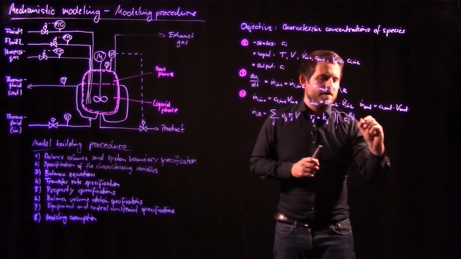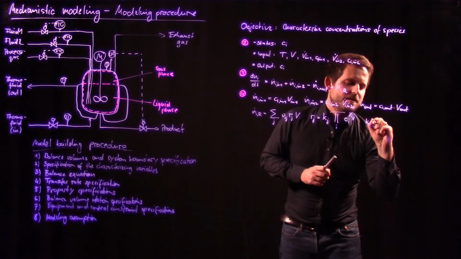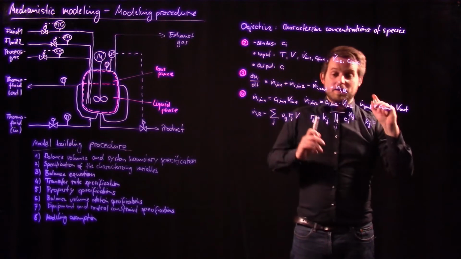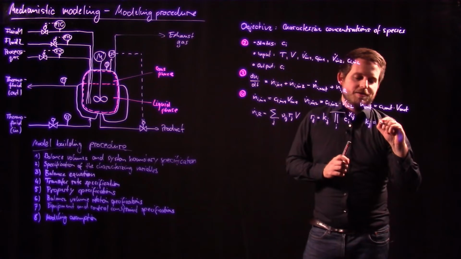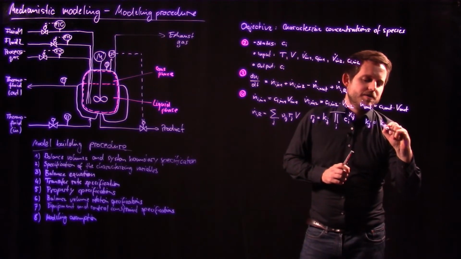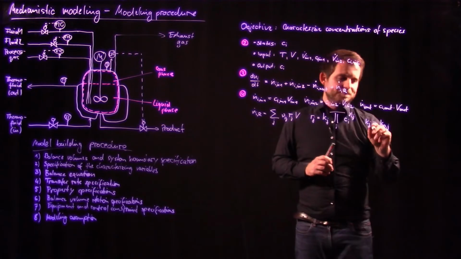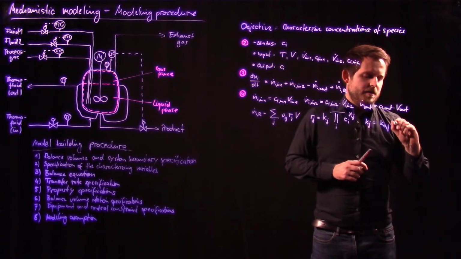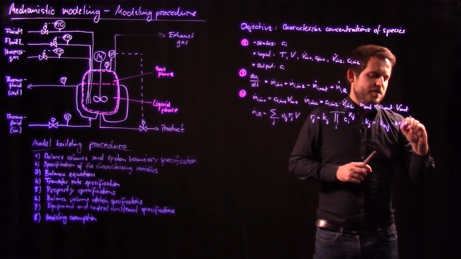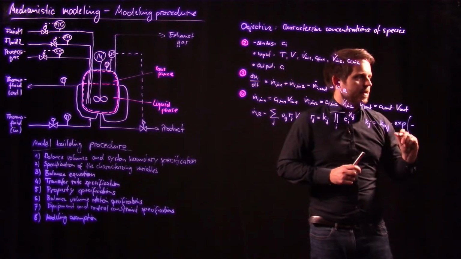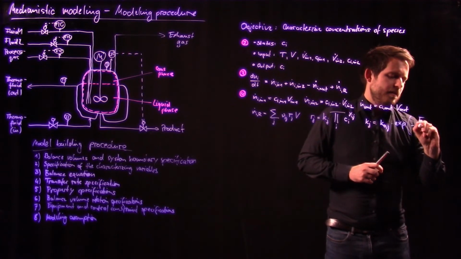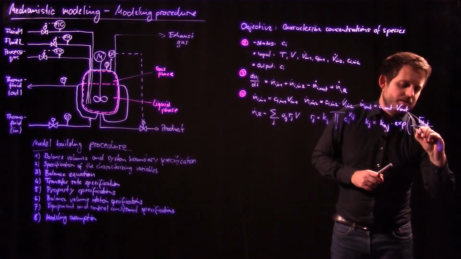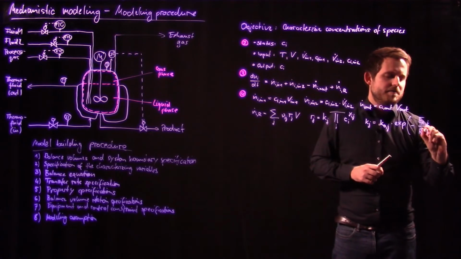And then we have the reaction constant, kj, for reaction j, which then could, for example, be described in terms of an Arrhenius equation, which is based on one more constant, k0j, times the exponential function in dependency of the activation energy of reaction j divided by the universal gas constant times the temperature in the reactor.